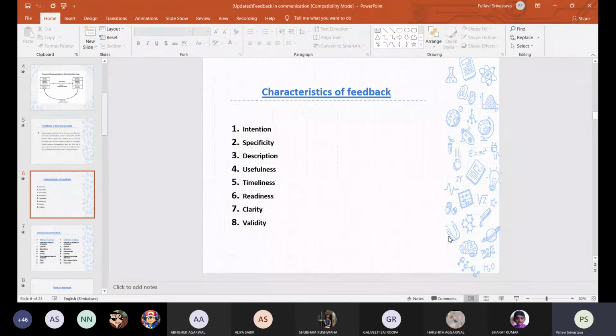When we talk about readiness, we have to depend on both parties. The person who is giving the feedback is not in control; the person who is receiving has better control over this situation. So there are places when people are not ready to take the feedback.